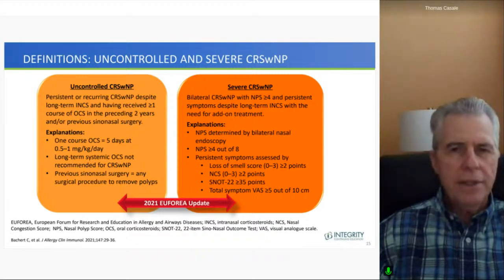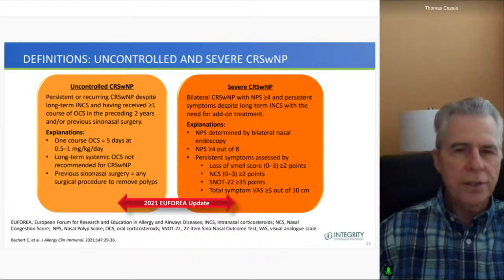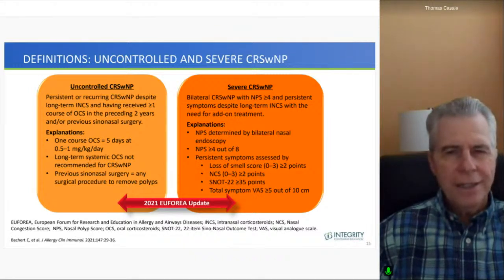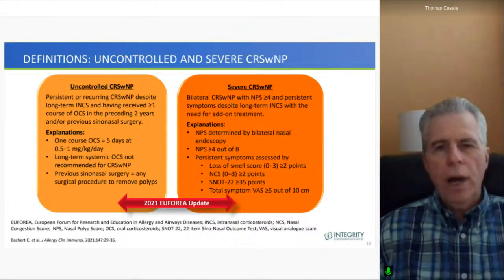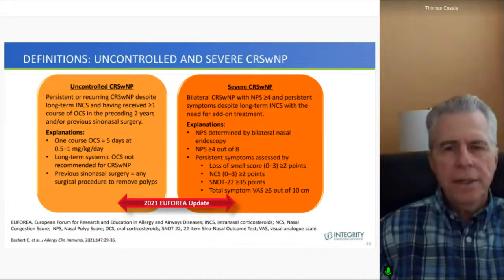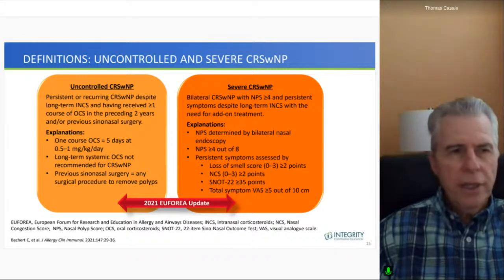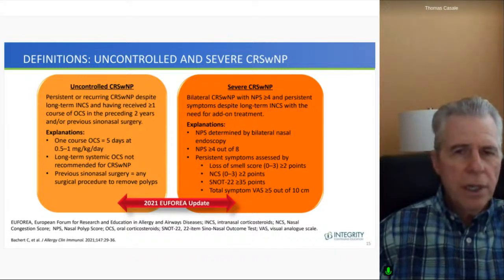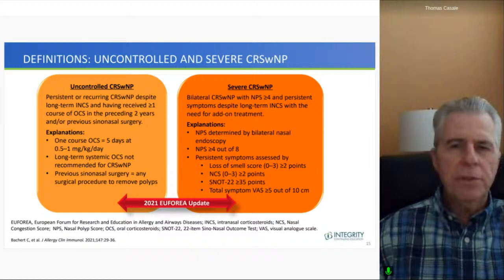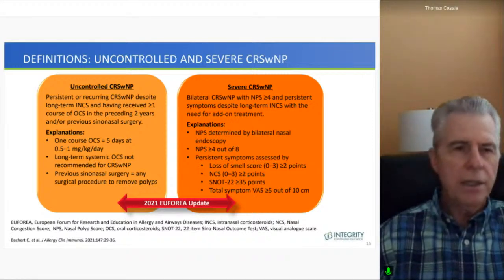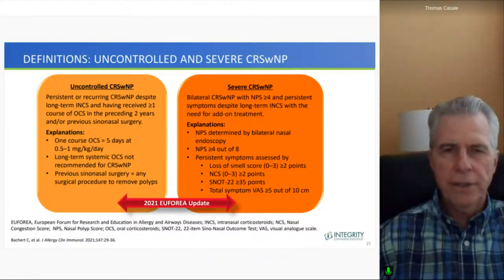And again, these patients often have a loss of smell, significant congestion, a decreased quality of life, and impairment as manifested by an elevated SNOT-22 score and an increase in symptoms as illustrated by a visual analog score.